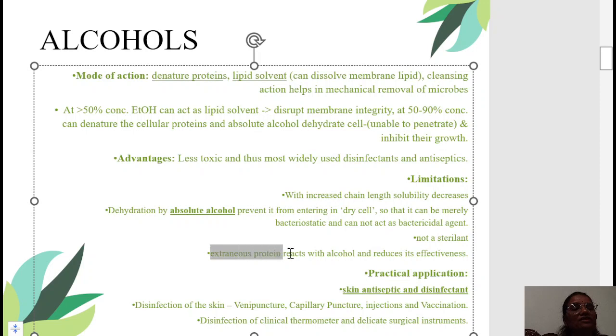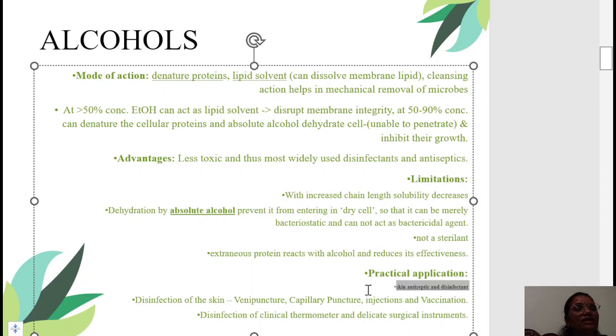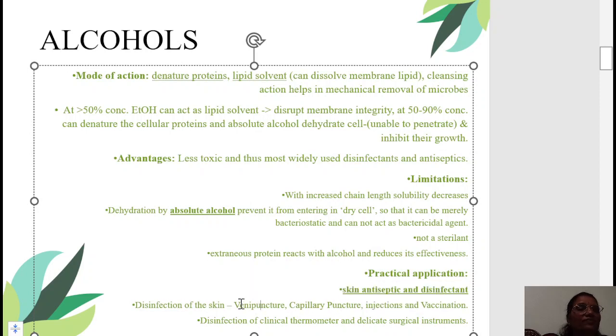Additionally, extraneous protein material and organic substances react quickly with the alcohol, thus reducing its effectiveness. Coming to the practical application, as we know, it is widely used as a skin antiseptic or disinfectant, and most popularly for venipuncture. Before collecting blood for clinical analysis, the skin area is disinfected with spirit. So for venipuncture or capillary puncture, this is most popularly used.